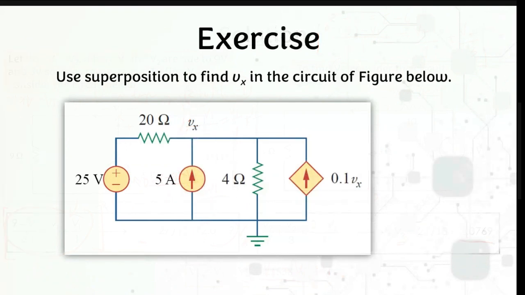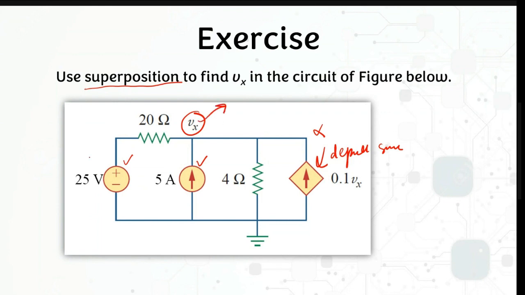Right? Okay, so we also have another example where we have the superposition to find this Vx, but you can see that the difference with this circuit is that we have this dependent source. But for my previous slide, I said that you just have to look at the independent sources, but not the dependent source. So in order to find your Vx here, it only involves the 25 volts and the 5 ohms.